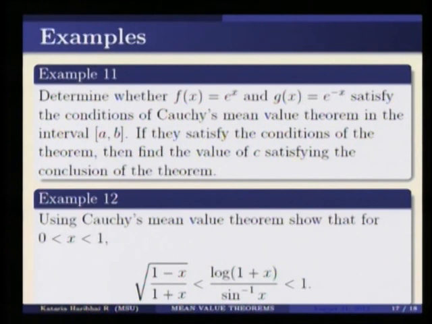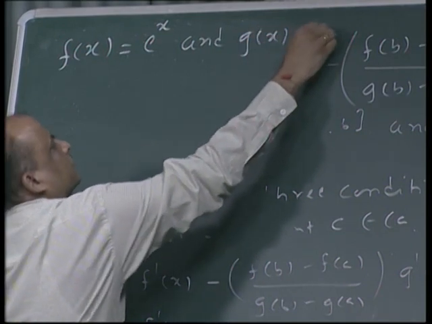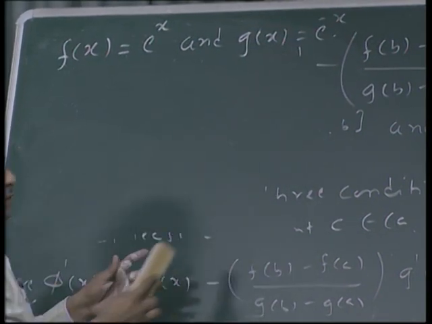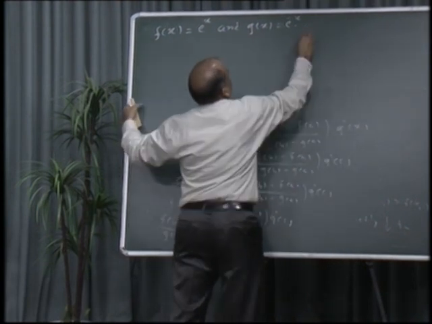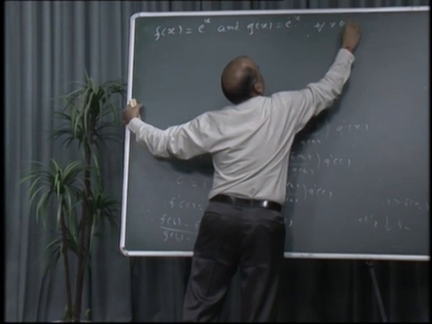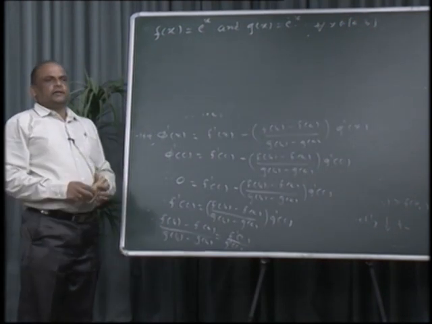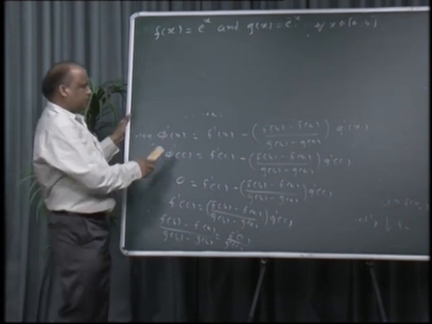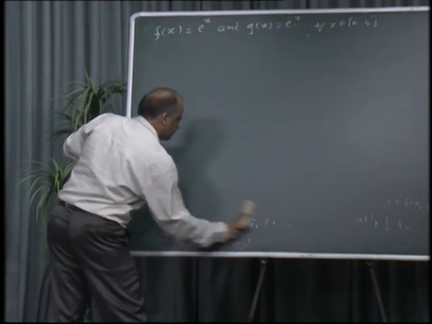So, now I have a function f(x) equals e raised to x and g(x) is e raised to minus x, and my interval is the closed interval [a, b]. Now, we will verify the conclusion as well as the hypothesis of the Cauchy's mean value theorem.